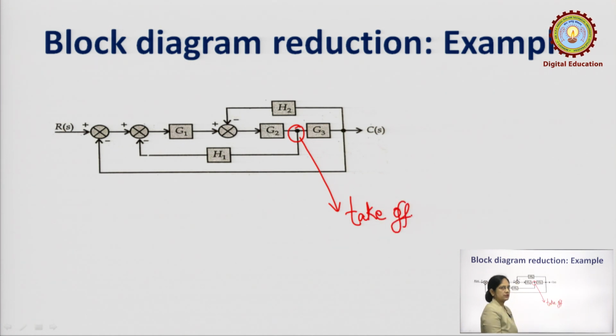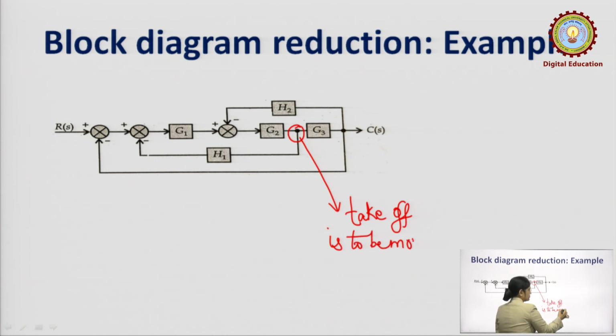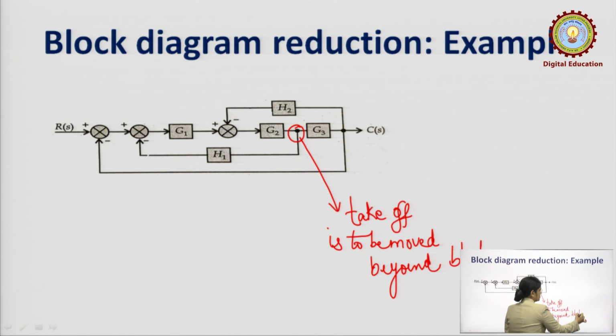This takeoff point is not allowing us to cascade G2 and G3. Now, in that case, we can move this takeoff point beyond the block. The takeoff point is to be moved beyond block G3.